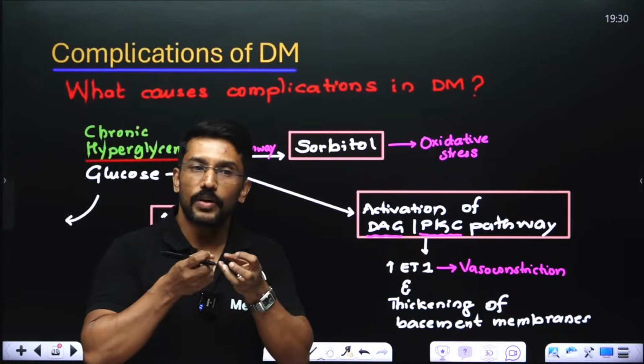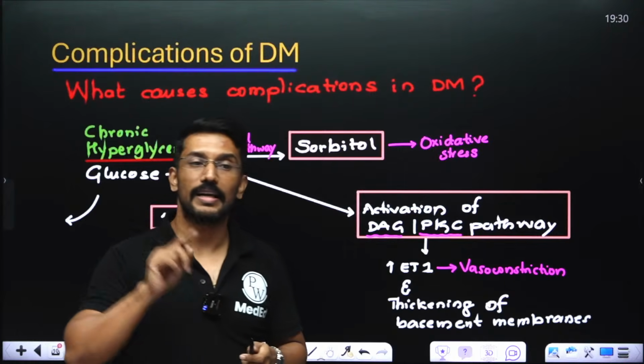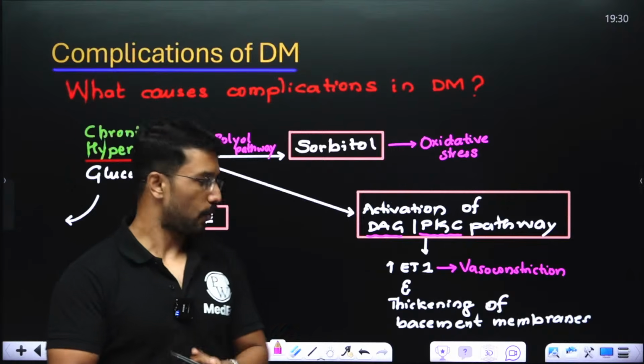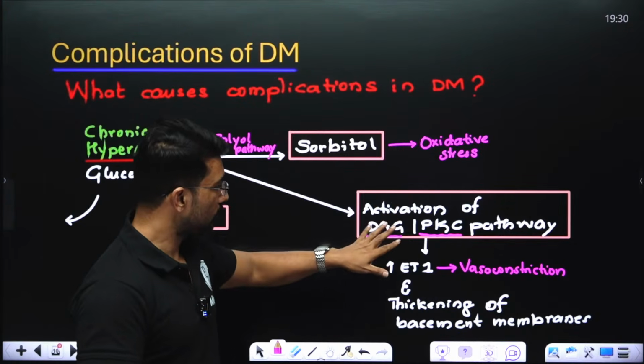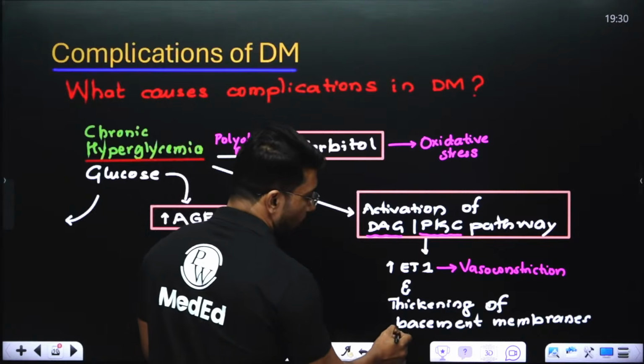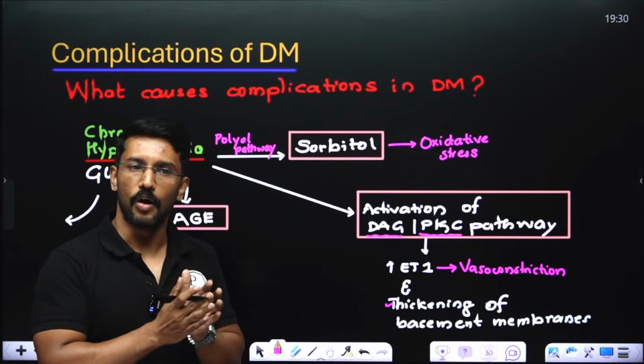And blood vessels are now constricted, so tissues are not only experiencing oxidative stress, tissues are getting less blood supply because of this vasoconstriction. Okay. Other thing that activation of the diacylglycerol protein kinase C pathway does is thickening of basement membranes of the cells. So tissue characteristics are now getting altered.